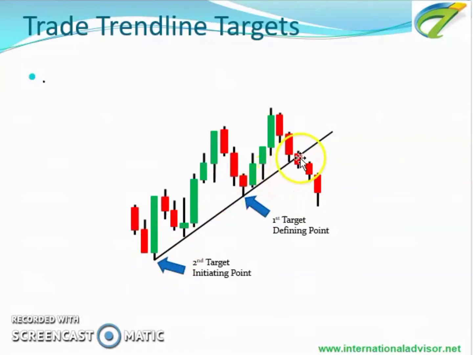Now here, this trend line is broken, and as we have discussed earlier, this supportive trend line will become a resistance area after this point. So this line is no more a support line, it's a resistance line.